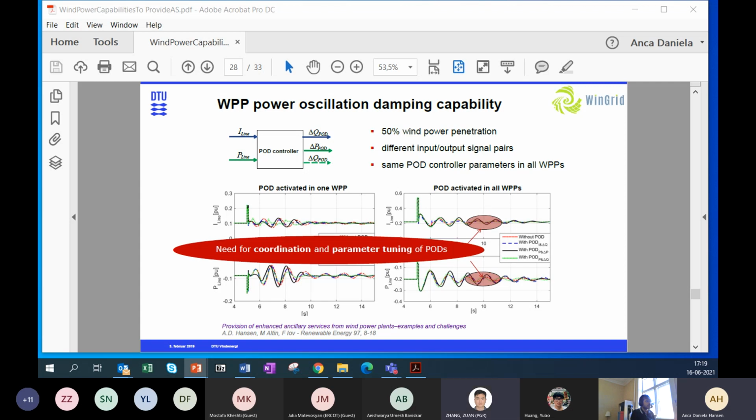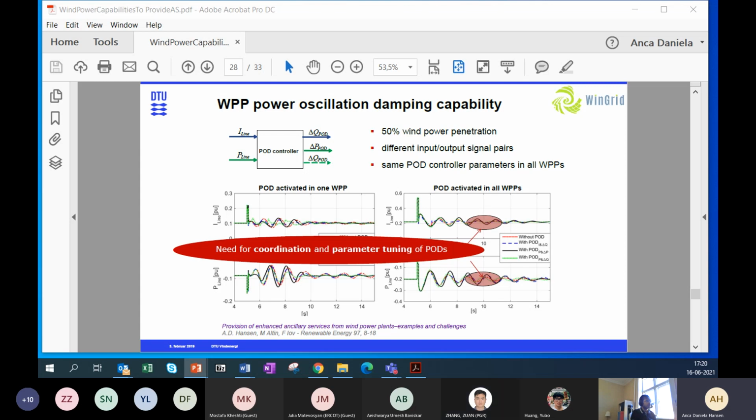Yeah, okay. What I mean is whether the POD signals sent to each wind turbine in each wind power plant are the same. So the POD controller sends these additional requirements, active or reactive power.